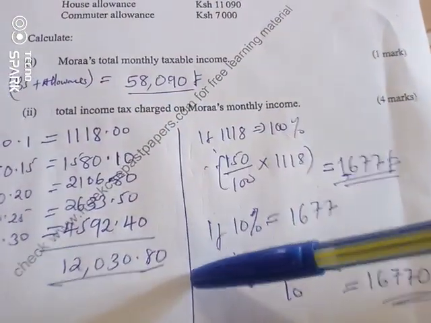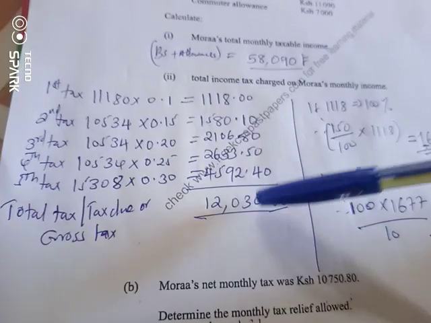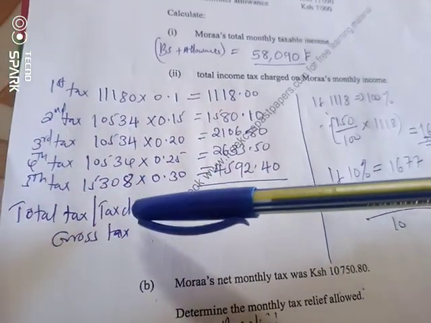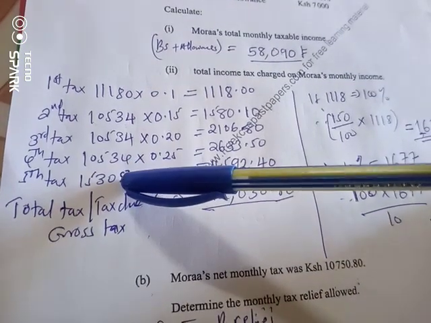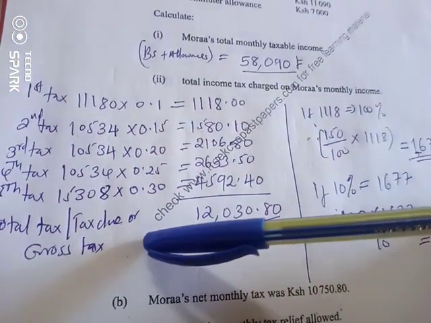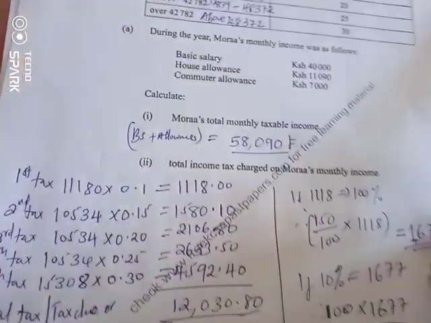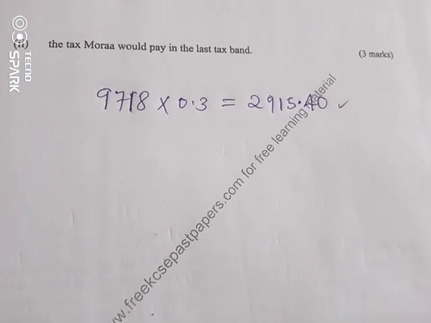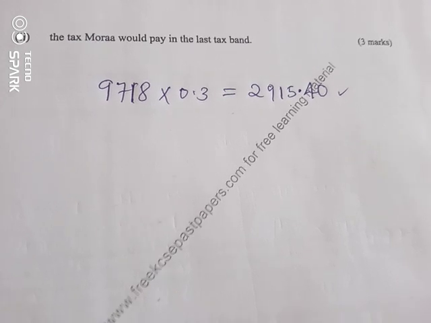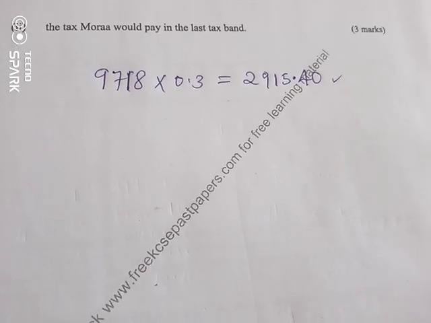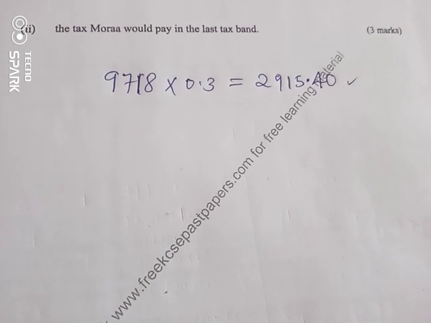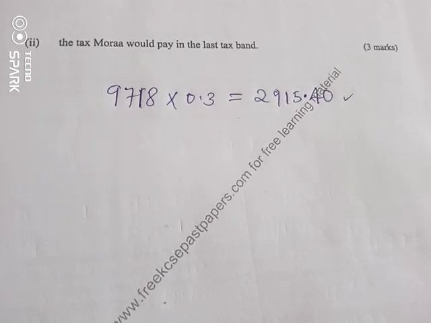The next 2 columns would be the same, except the last column where the remainder would be a different amount. The remainder would not be 15,000 anymore; it would be a difference of 9,000, as we have found this side. Then taxing with the percentage of that band, in the last band Mora shall pay 2,915 shillings and 40 cents.